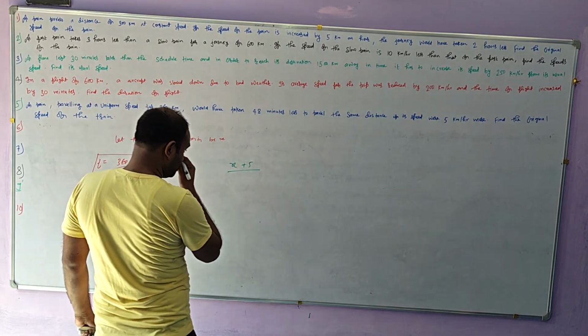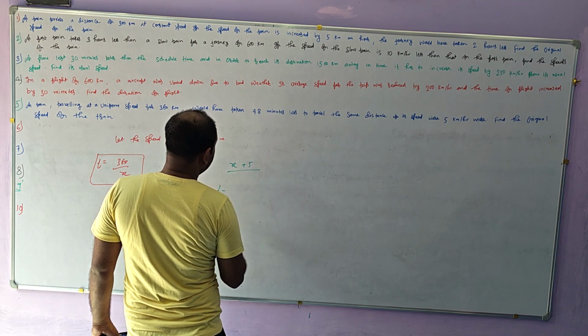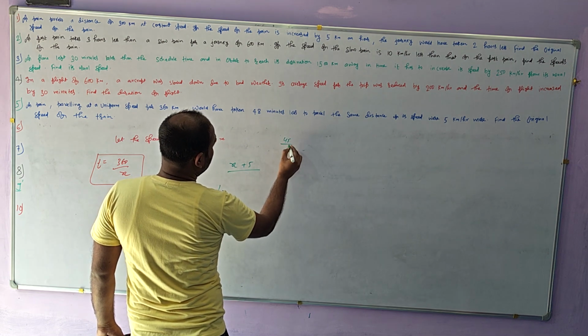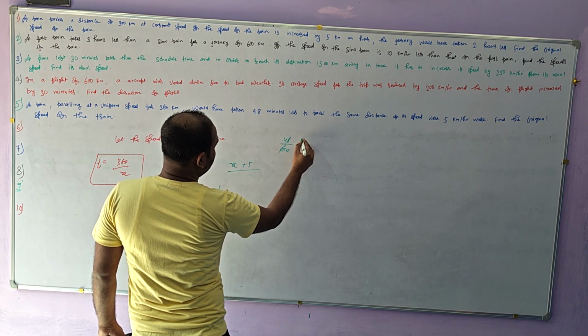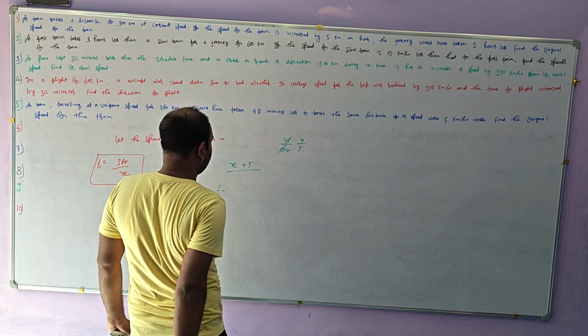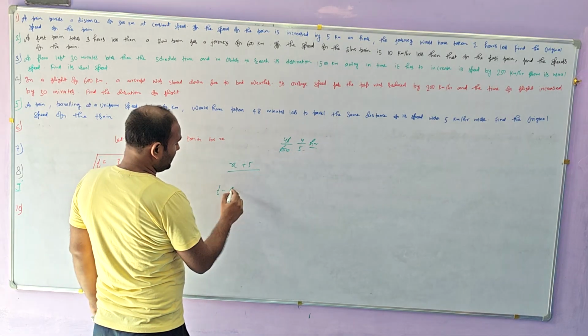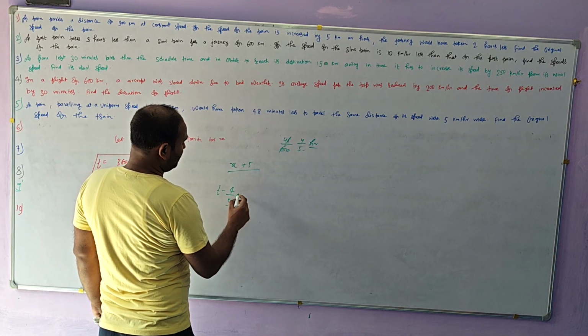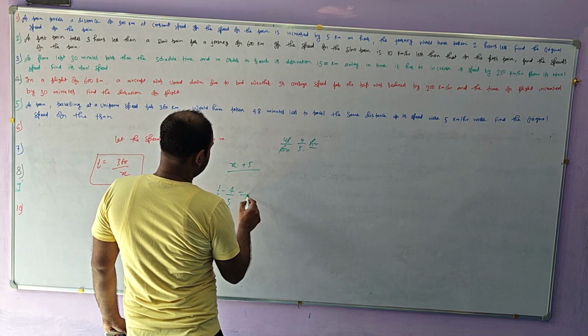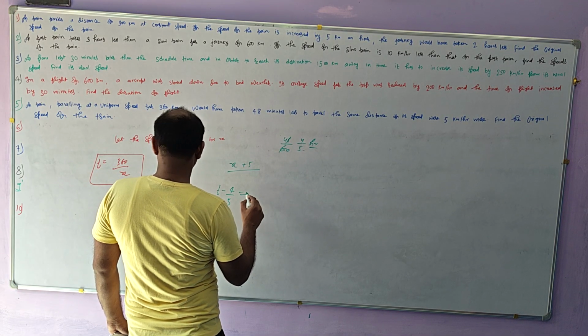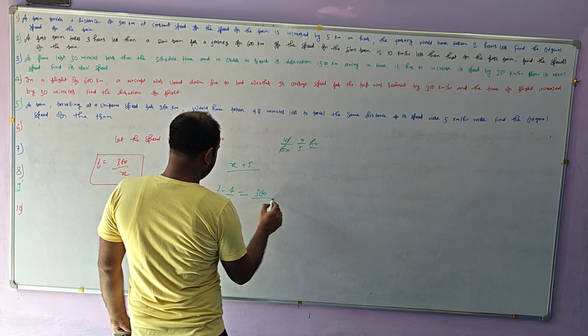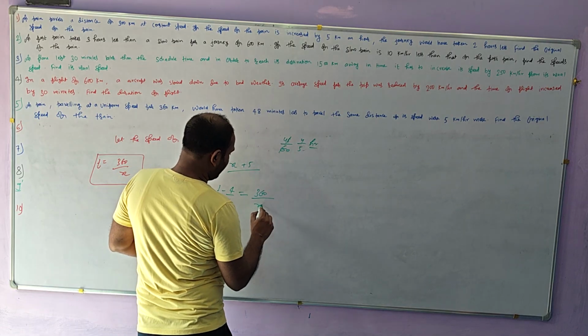So that means 48 minutes, that means 48 upon 60, we cancel out, 4 upon 5 hours. So we easily say t minus 4 upon 5 is equal to what? Distance is the same, 360, and speed is what? x plus 5.